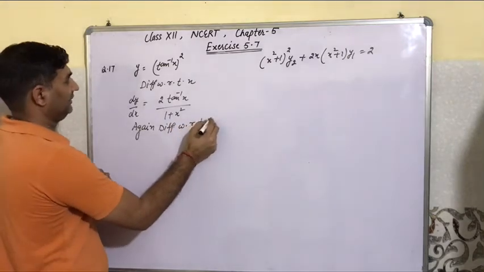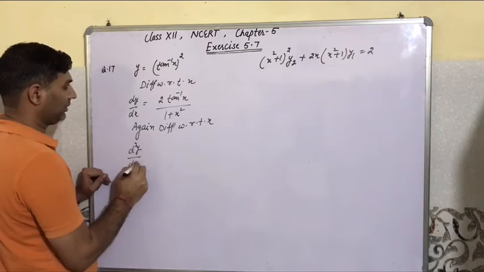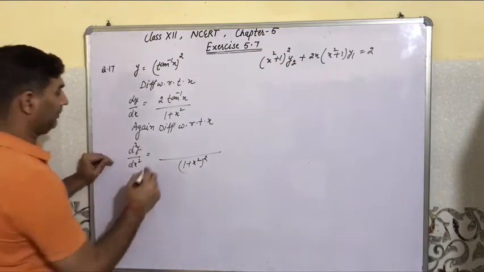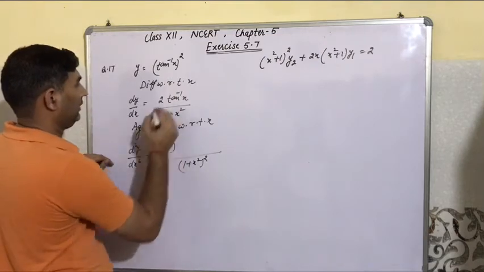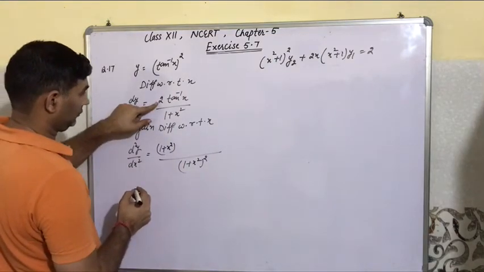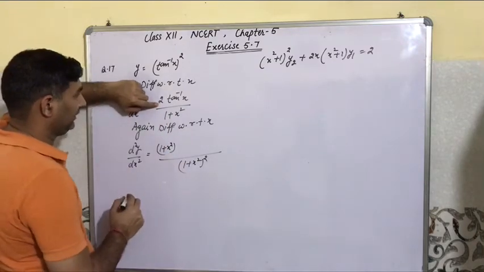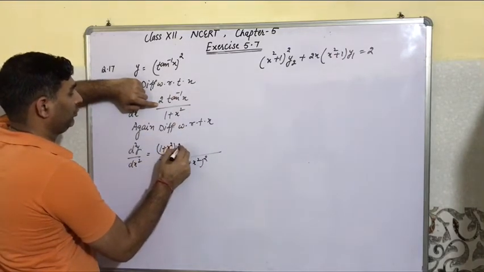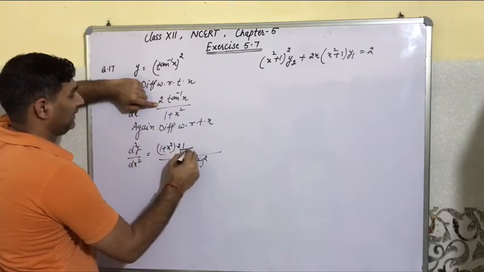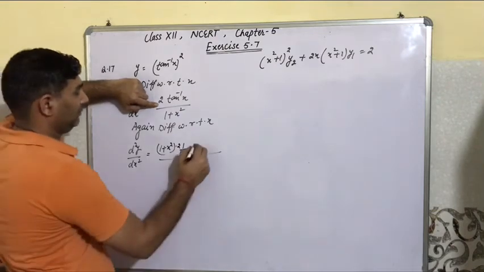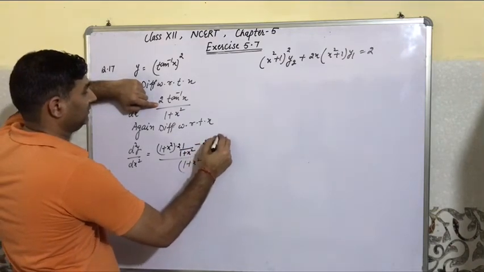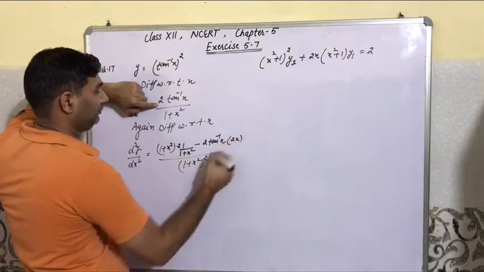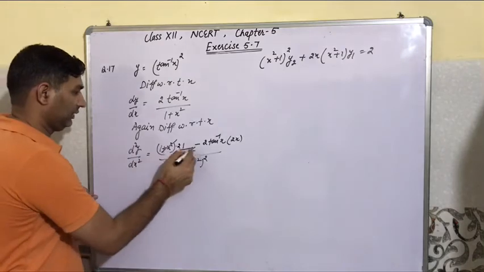With respect to x, then d square y upon dx square is equal to 1 plus x square whole square, 1 plus x square as it is, the derivative of this 2 is the term, 2 tangent inverse x, then derivative of this first as it is, the derivative of this 2 into 1 by 1 plus x square, and then minus 2 tangent inverse x and this derivative of 1 plus x square is 2x. Then this cancel out to this.